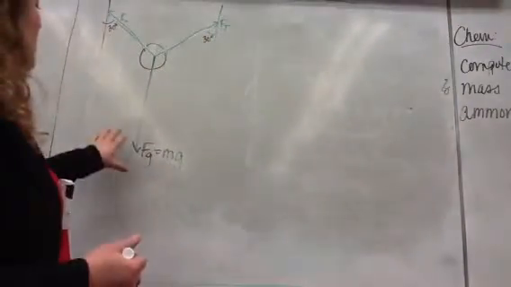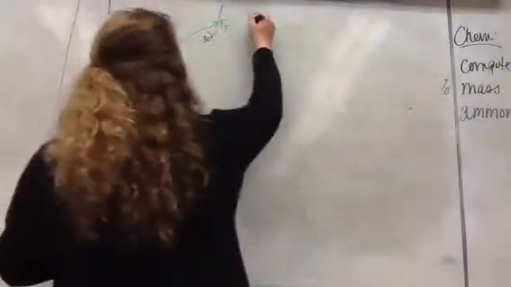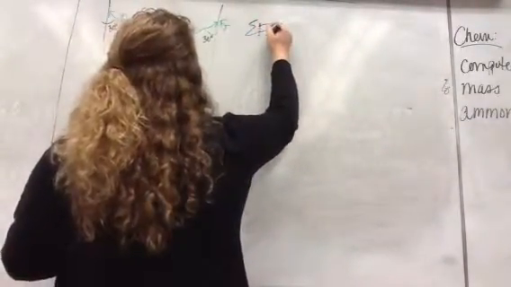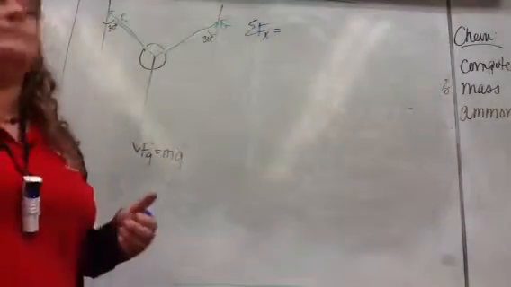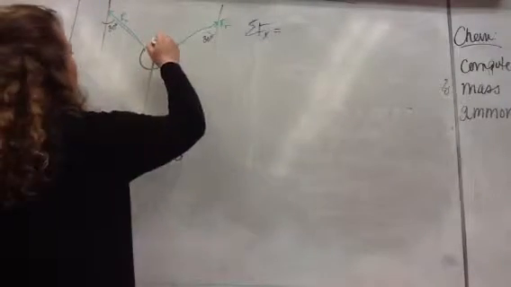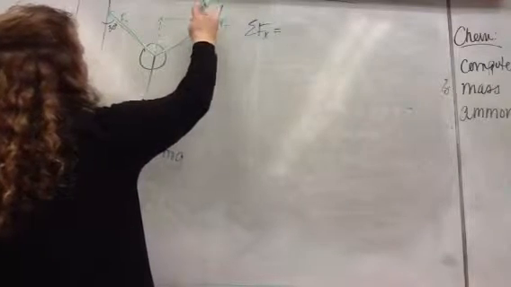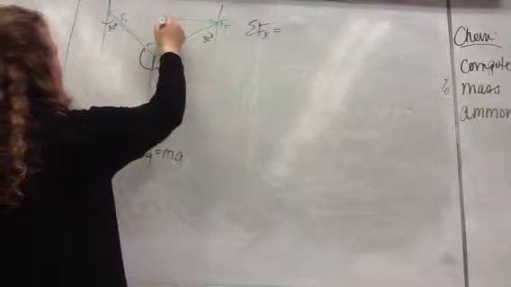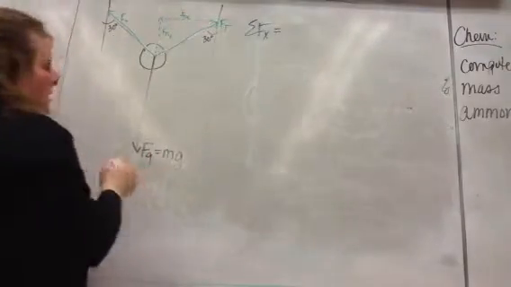Now, let's look at our sum of forces for this. So first of all, let's address and then discard sum of forces on the x. It helps to break this down into force of tension on the y, force of tension on the x.